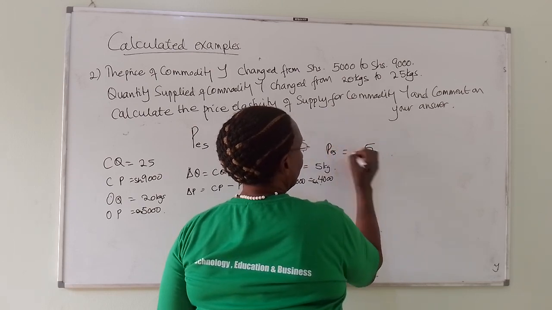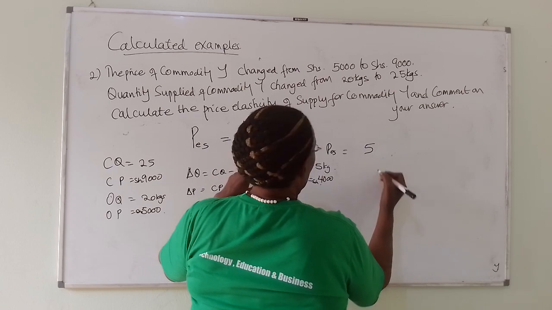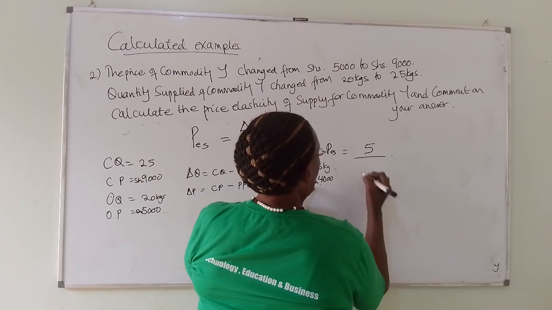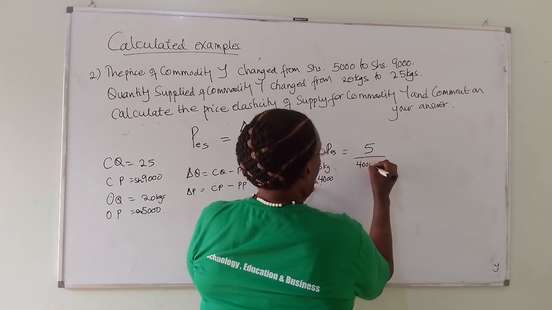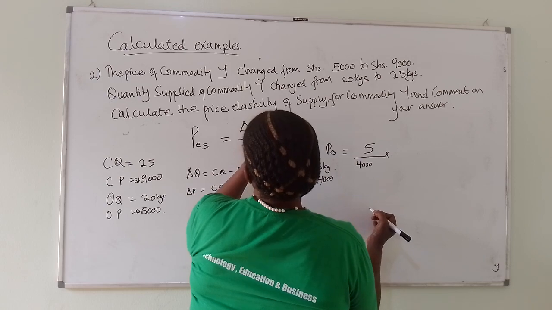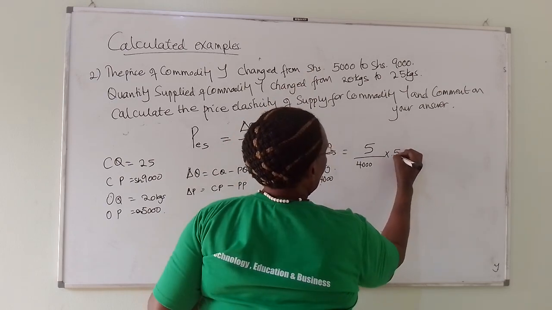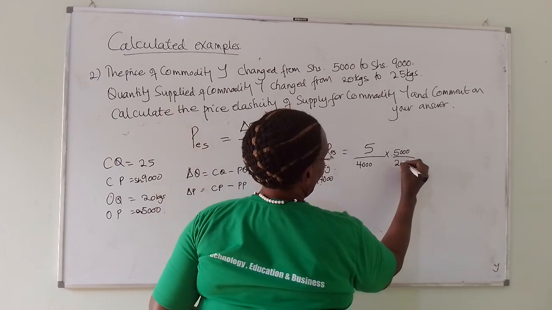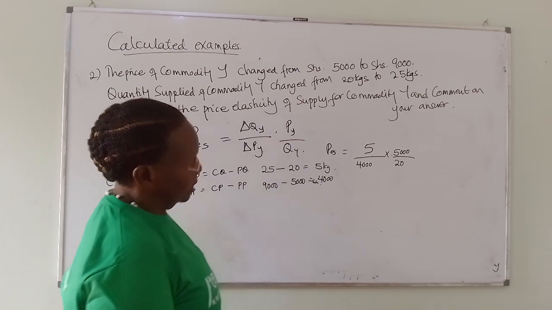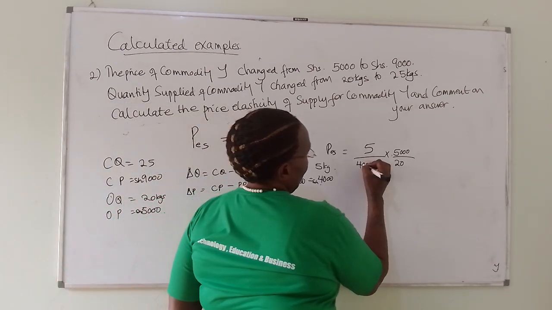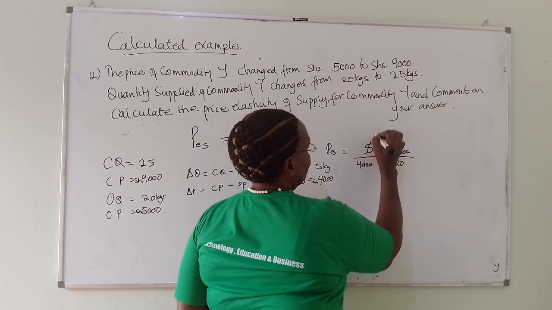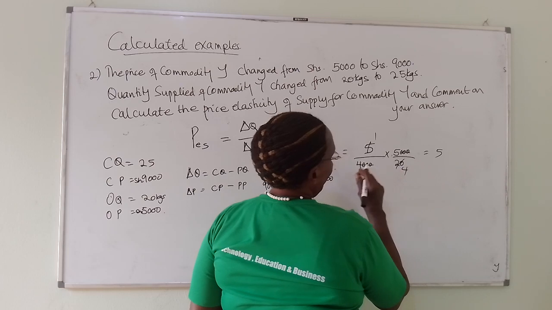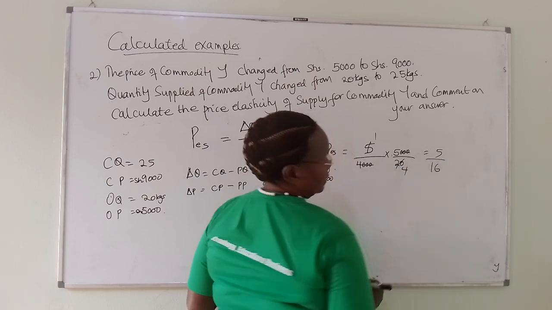Price elasticity of supply equals 5, change in quantity of Y, over change in price of Y, which is 4,000 shillings, multiplied by the original price, 5,000, over original quantity, 20 kilograms. As simple as that. Then you can reduce. These ones can go. 5 goes there once. 5 goes there 4 times. 1 times 5 equals 5. 4 times 4 equals 16.